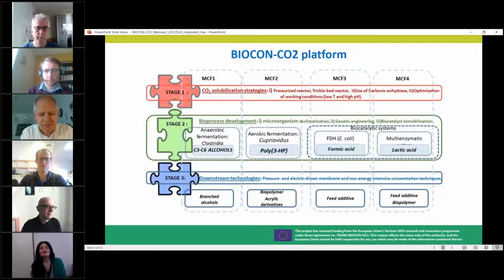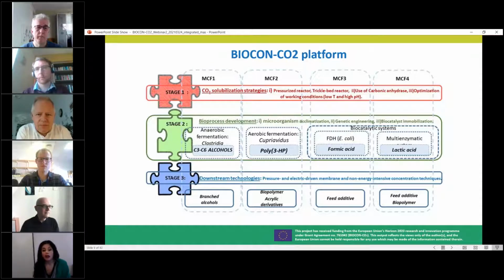Okay, perfect. So the BIOCON-CO2 platform aims at developing this flexible platform via 3 main approaches. So the improvement of CO2 solubilization via a series of approaches such as reactor design, deployment of enzymes, and improvement of reaction conditions.